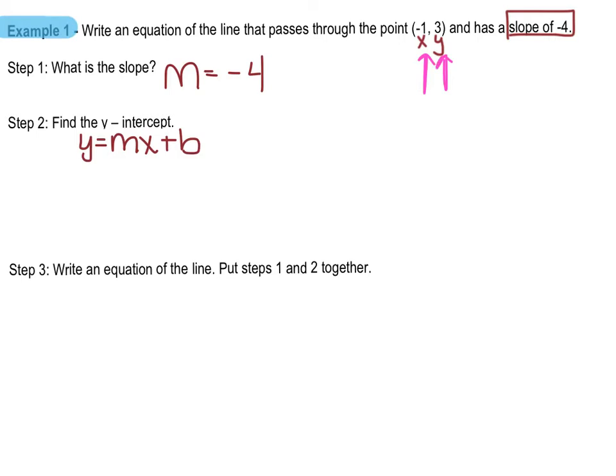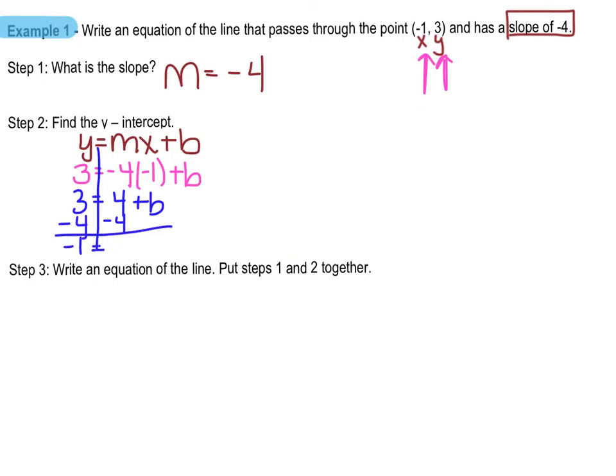So my y value is 3, slope is -4, x value is -1 plus b. And so I'm going to draw that line, and we're solving for b. So keep 3, -4 times -1 is a +4, plus b. Subtract 4 on both sides, and we're left with -1 equals b. So this is your y-intercept.